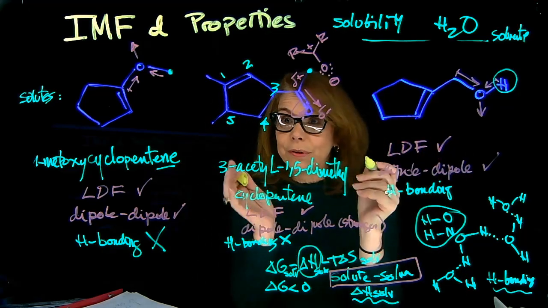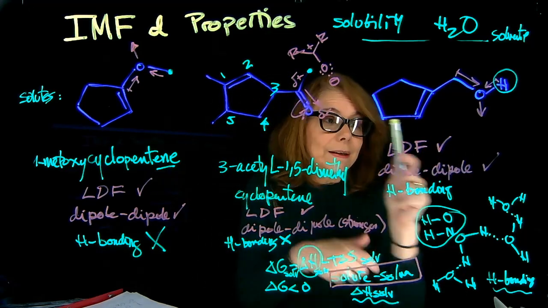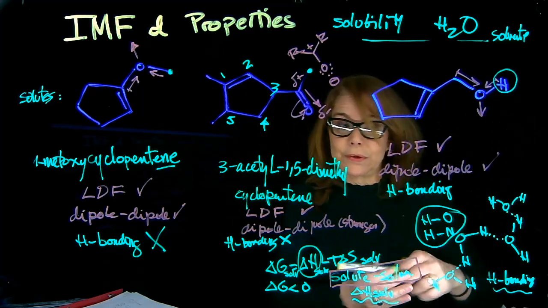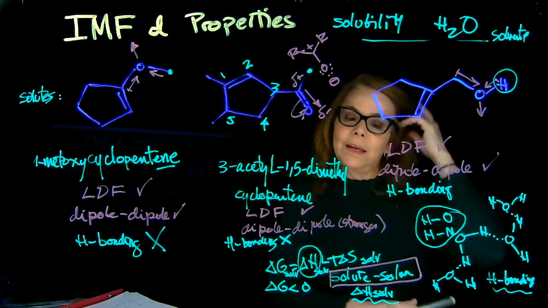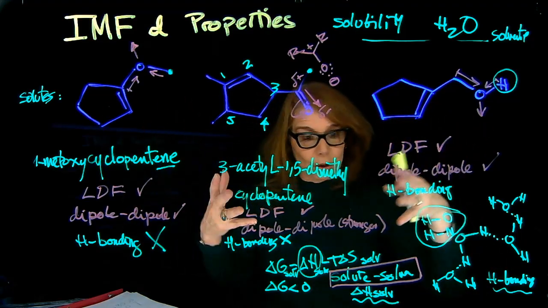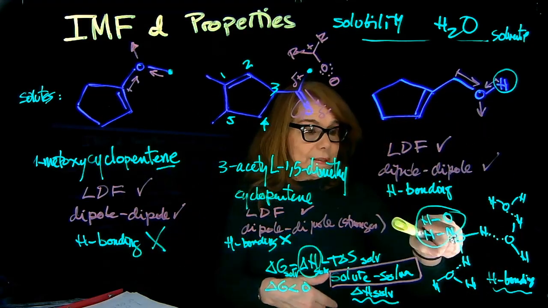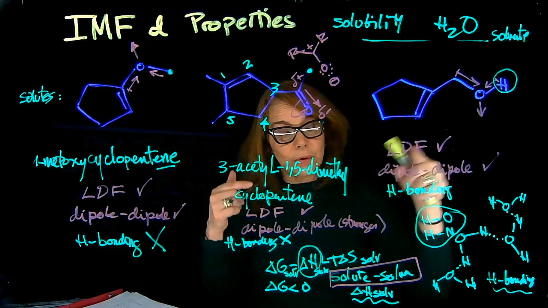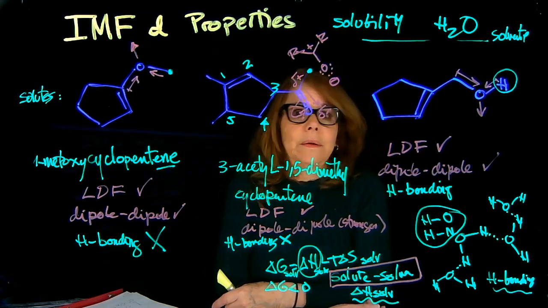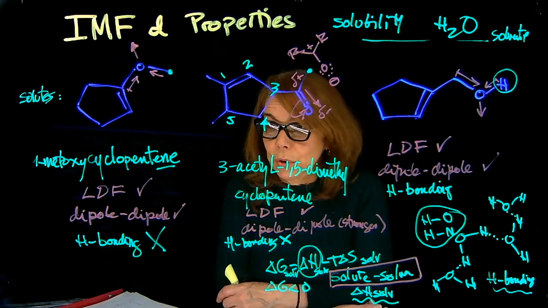But now here we're talking about solubility. This molecule should be the most soluble because here you have a type of interaction that is similar to that. In other words, when the solute comes in contact with the liquid and the molecules disperse, you're replacing this interaction with new interactions of the same type, hydrogen bonding. So that should be the most soluble in water.